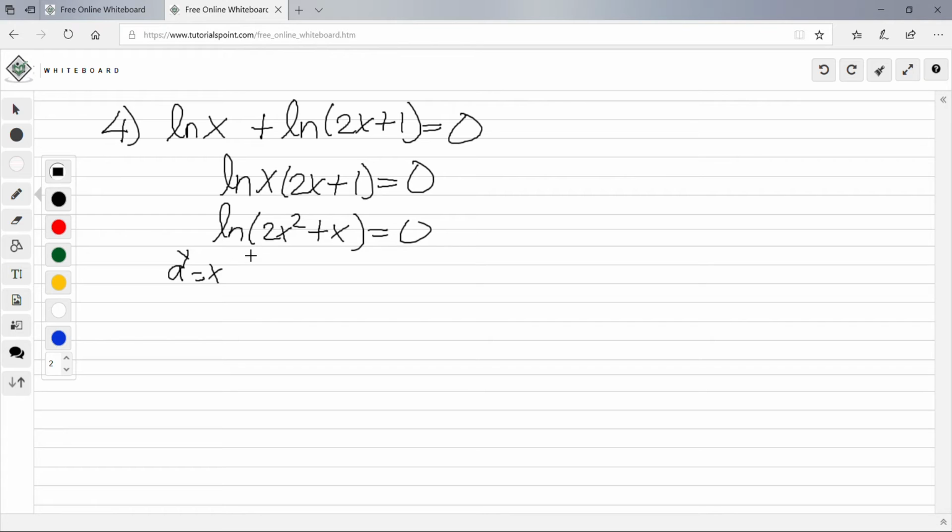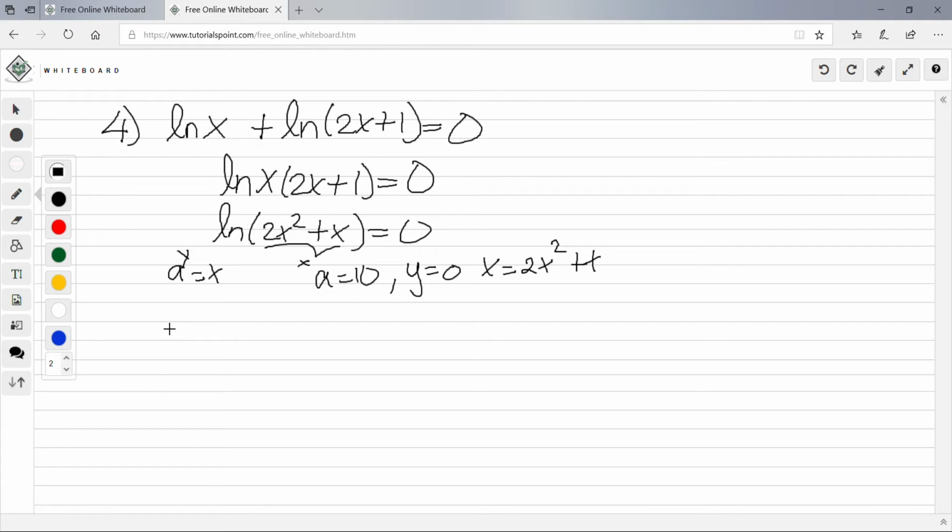If there's not a number down here, you assume it's just a base of 10. So we say our base is 10, our y is 0, because it's always on the right side, and then our x is this whole thing, 2x squared plus x.